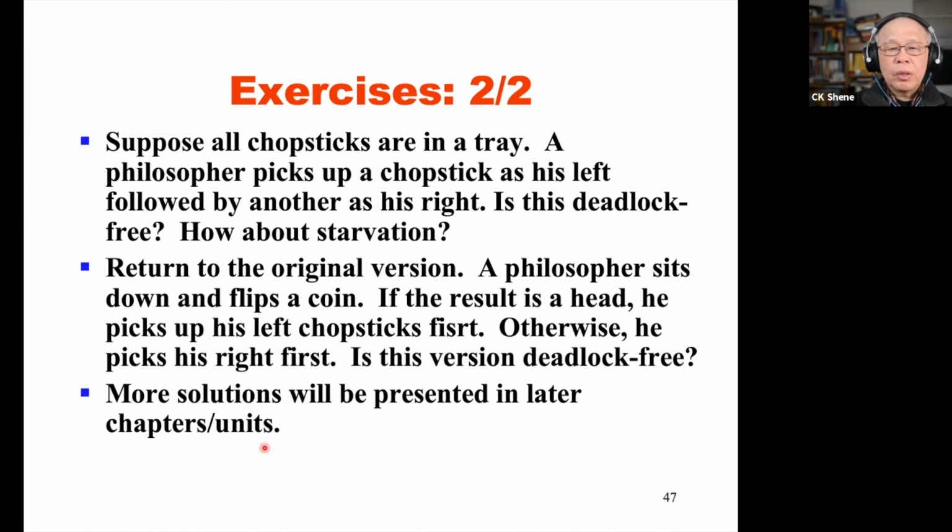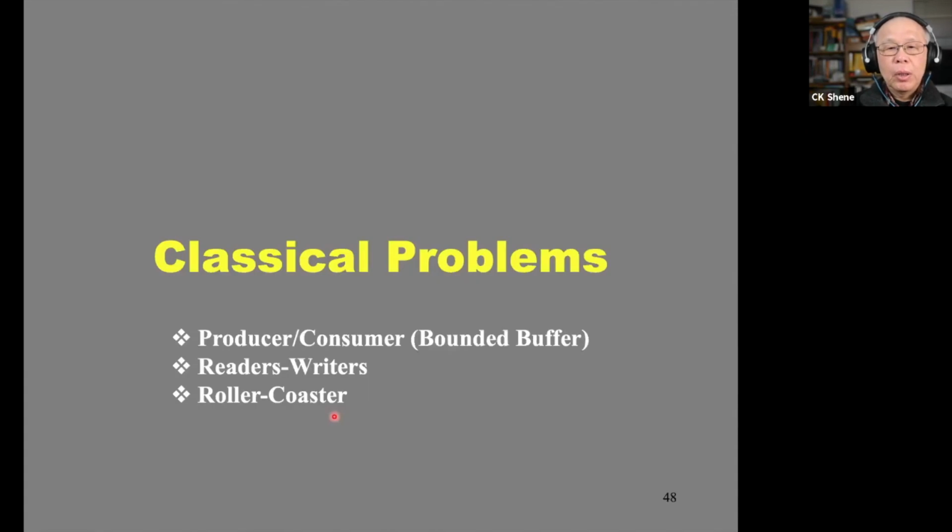We will discuss more solutions from different points of view in later chapters and lectures. So this lecture is very short. I hope you like it. Our next lecture will be dedicated to some classical problems.